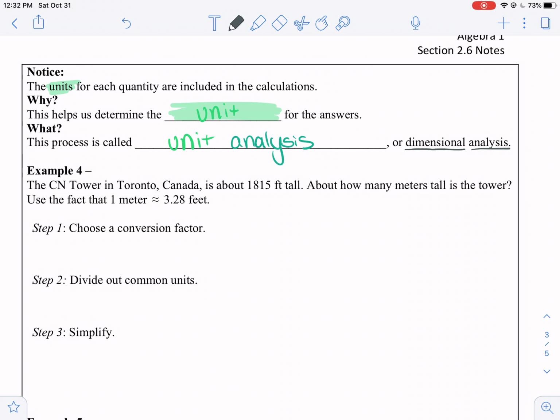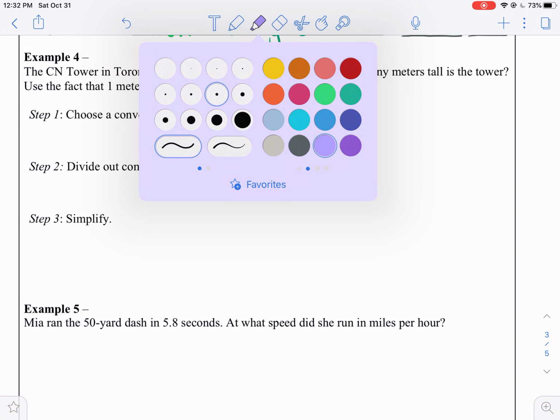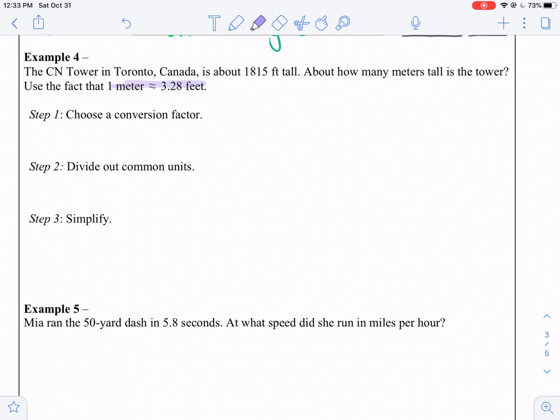There you go. So in Canada, we have this tower that's 1,815 feet tall. How many meters tall is the tower? We're going to use this fact that 1 meter equals 3.28 feet. So let's come up with a conversion factor.